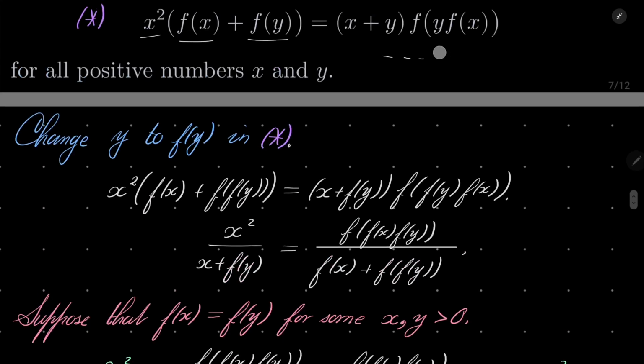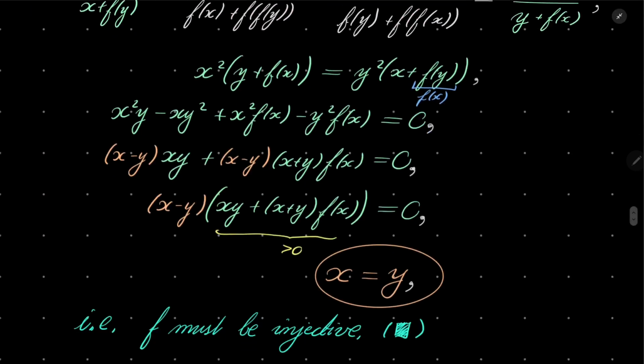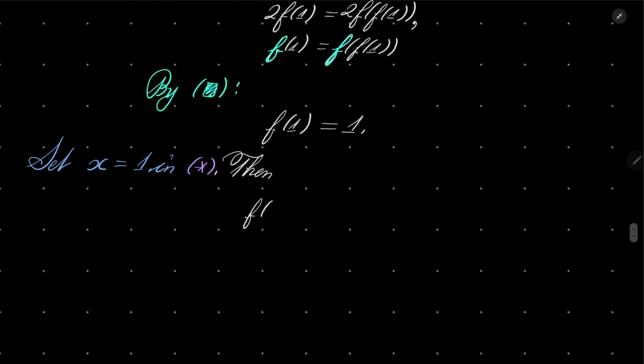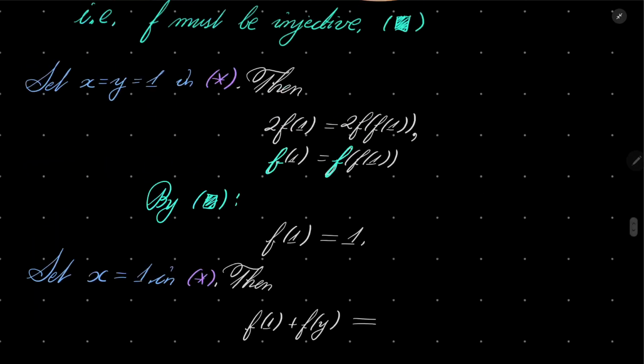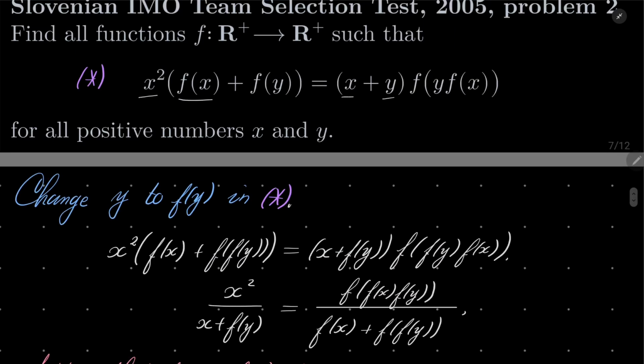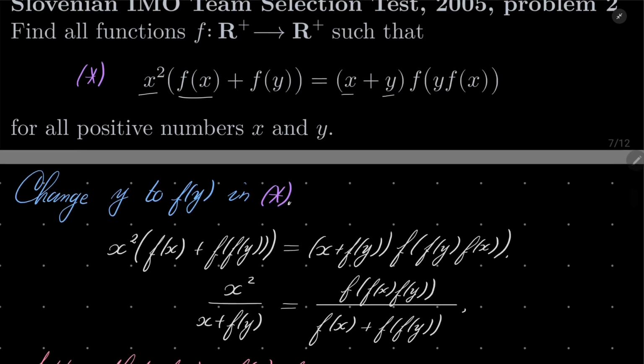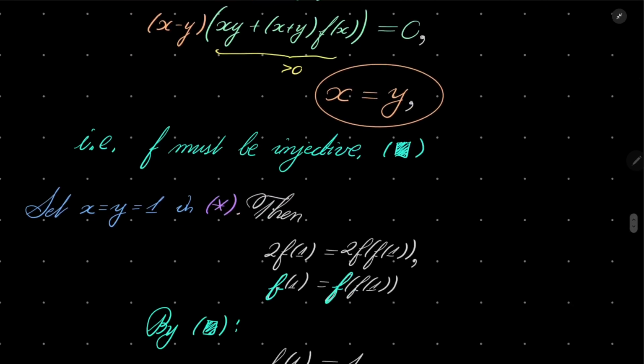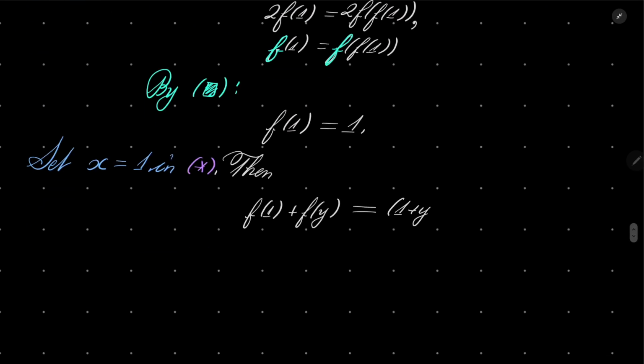So we have 1 times (f(1) + f(y)) equals, and on the right hand side, (1 + y) times f(y) times f(1).